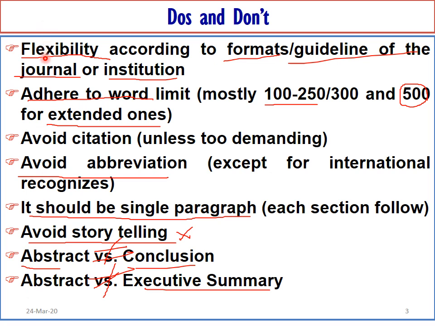First point, we should understand that while writing an abstract for a paper, publication, or for an international conference, proceedings, and other related, we should consider the concept of flexibility, because there are different formats or guidelines from a particular journal or a particular institution on how the abstract should be structured.